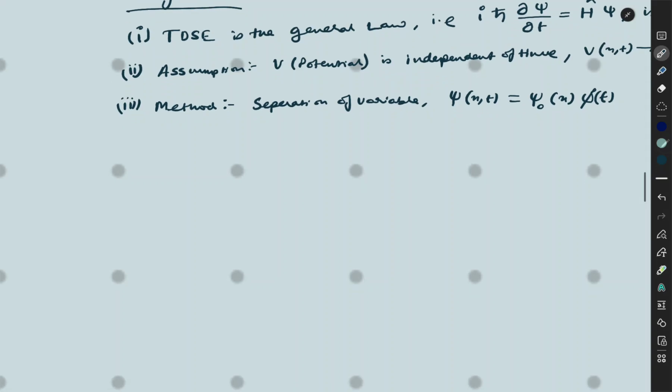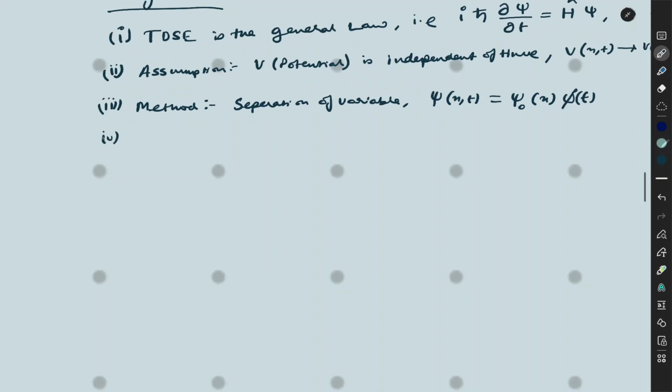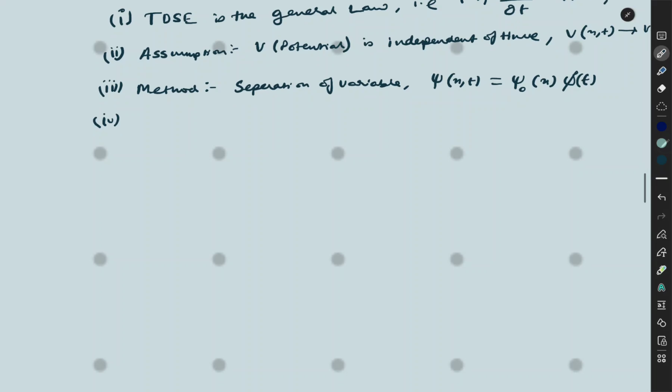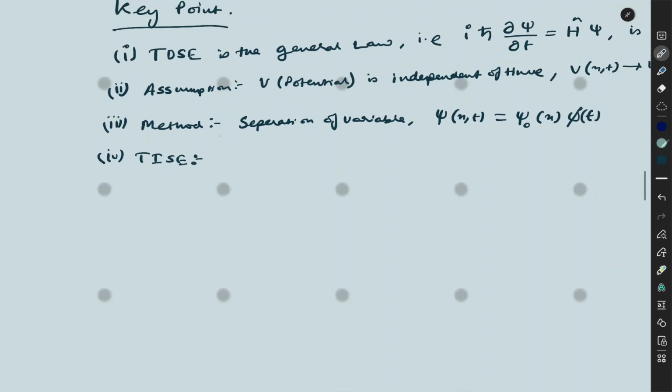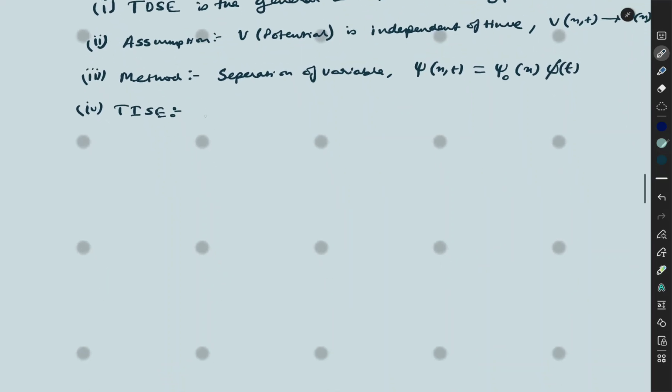And the fourth thing that we need to remember is the result, that is the time independent Schrodinger equation. In the Hamiltonian form we will write, just to save our time, H psi naught of x equals E times psi naught of x.